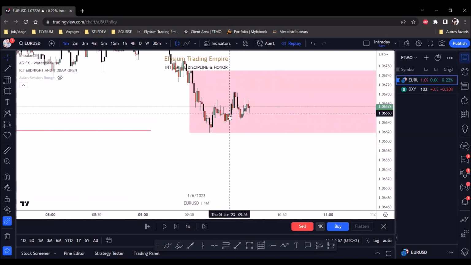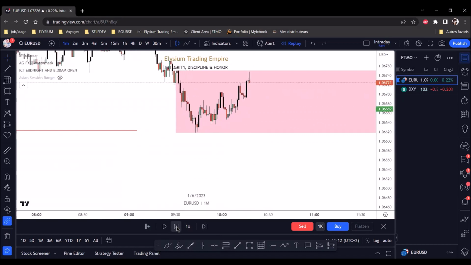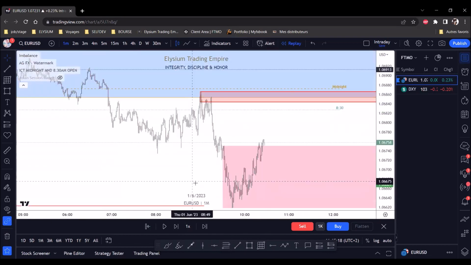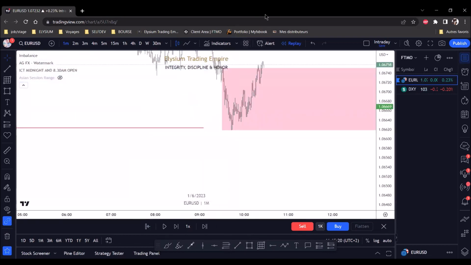For example, this swing high, break of the swing high, we retest the lower fair value gap and we continue after that. So you see you had many trade opportunities, many entries, okay, and we reached the top after that.